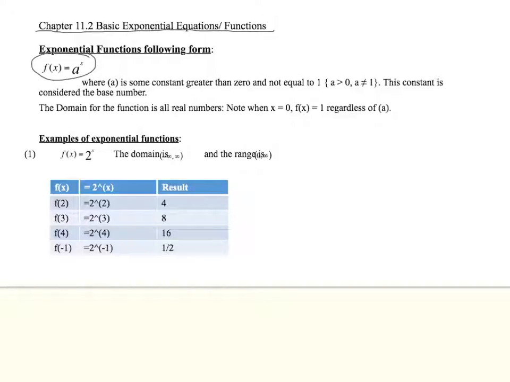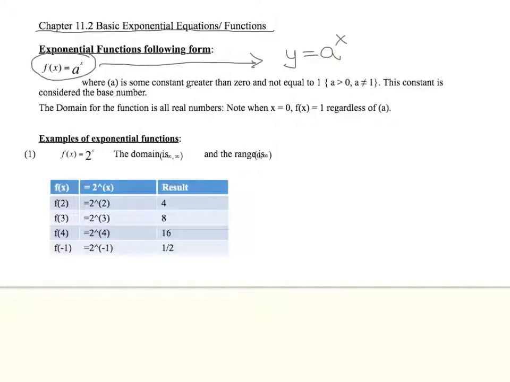So x is my variable. In the equation form, we can have y is equal to a to the x. Now, this is where a is some constant greater than 0 and not equal to 1.